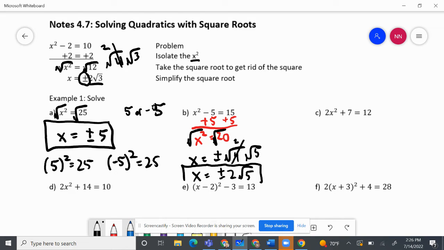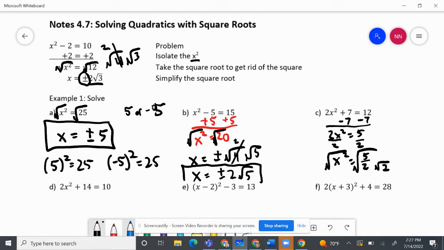Letter C, first step is subtract the 7, and that gives us 2x squared is equal to 5. I'm going to divide it by 2. So x squared is equal to 5 over 2. I'm going to take the square root. We run across a problem. We have 2 being in the denominator, and it's a square root.